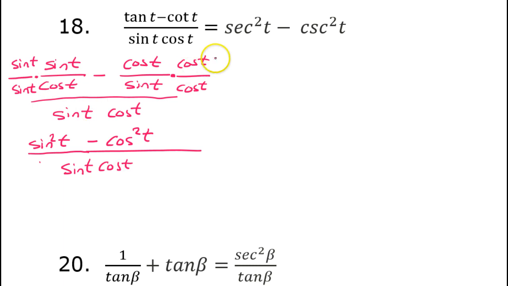All of that is just the numerator. Everything you see here is still just the numerator. I still have the denominator of sine t cosine t.